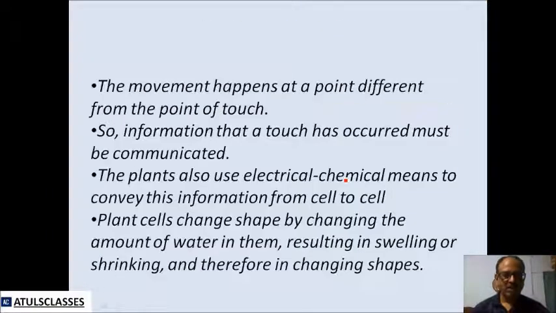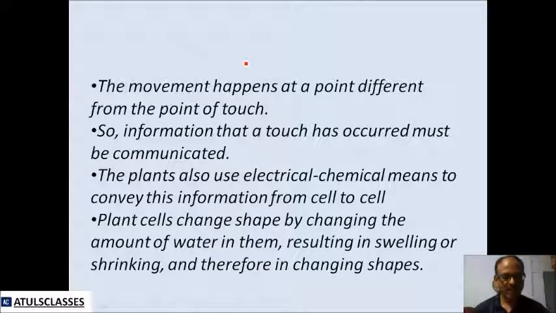So do you know how this happens? The movement happens at a point different from the point of touch. So, information that a touch has occurred must be communicated. It should move from the point of touch to the other parts also. The plant also uses electrical chemical means to convey this information from cell to cell.